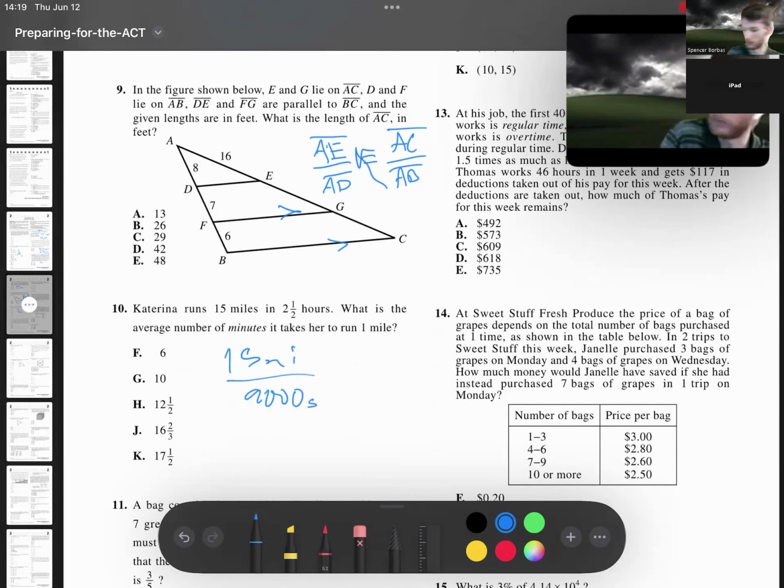Oh, I want minutes though. 2.5 times 60 is 150 minutes. All right, 15 divided by 150 is equal to 0.1 miles per minute. How many minutes does it take her to run 1 mile? The inverse of that is 10. So 10 is G.